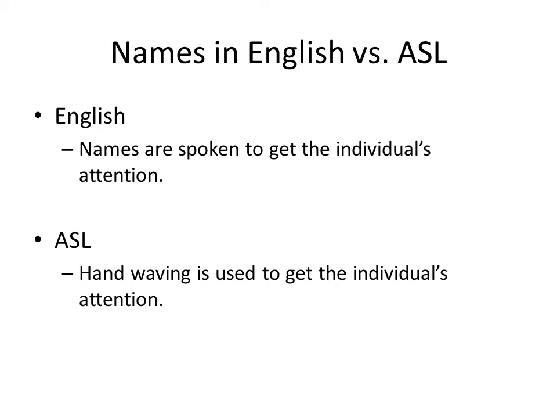So ASL has evolved so that signers generally do not use a person's name sign when signing directly to that person. Name signs are only used when talking to other people about an individual. This characteristic of the language enables some people in the deaf community to go years without learning others' names while still being able to talk to them.